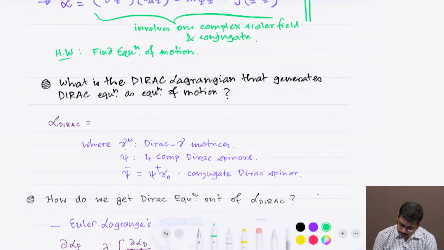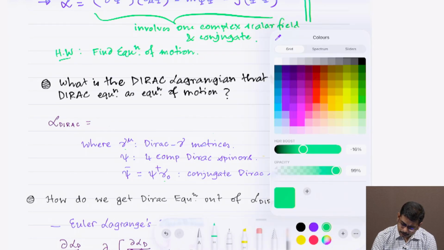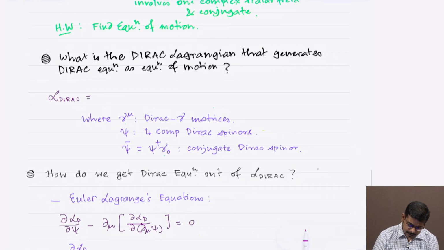The question is, what is the Lagrangian that will give you the Dirac equation as an artifact of the equation of motion? I mean, when you pass it through this prescription of the Euler-Lagrange equation of motion, what will be the Lagrangian, precisely what is called the Dirac Lagrangian, that will give you the Dirac equation? So, let us try to construct it and see if it is correct.